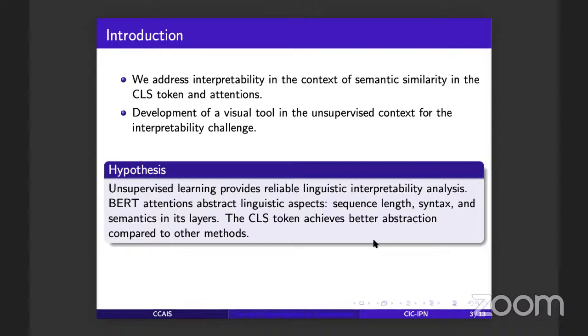So we address interpretability in the context of semantic similarity in the CLS token and attentions of the model. Based on this, we can set a hypothesis. We need to demonstrate the CLS token achieves better abstraction compared to other methods, and better attention abstract linguistic aspects, and the unsupervised learning provides reliable linguistic interpretability analysis.